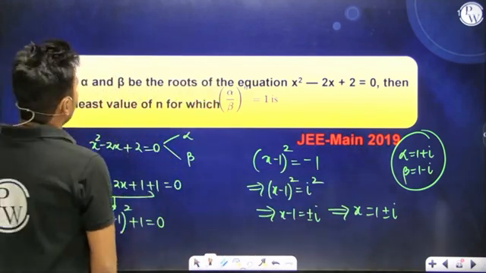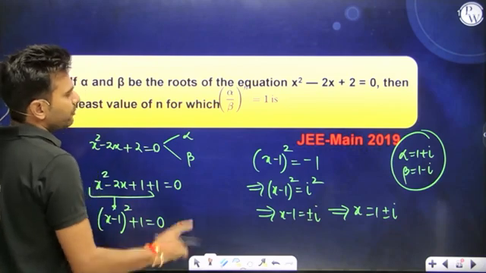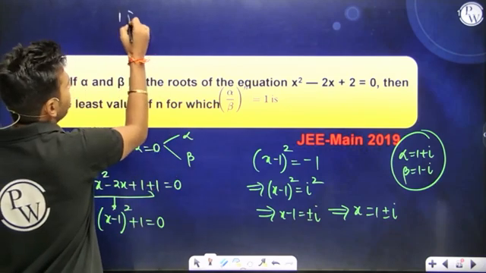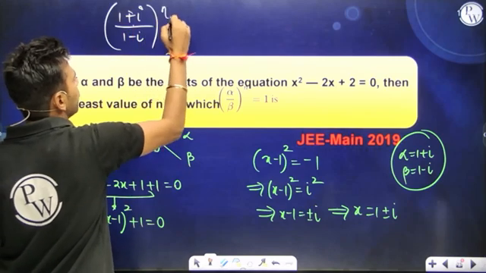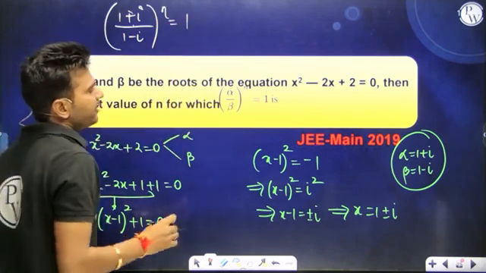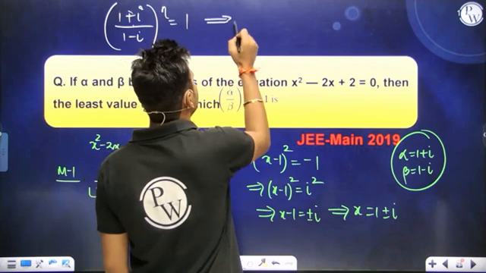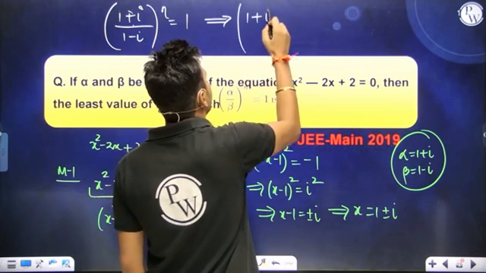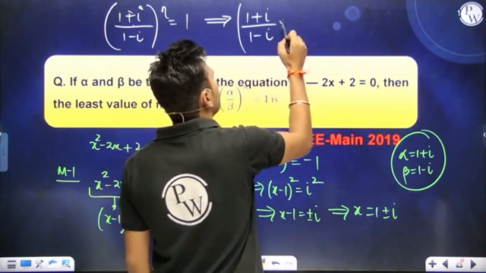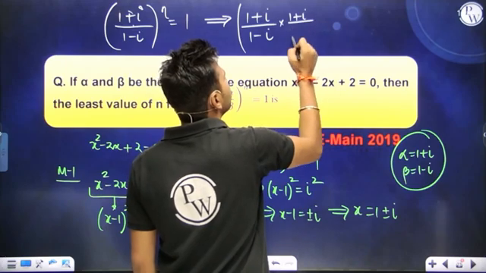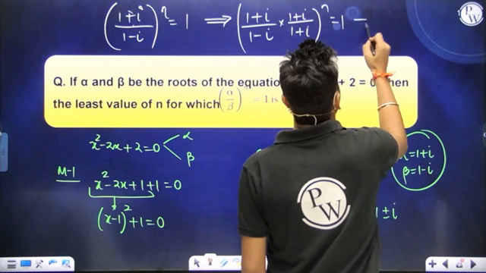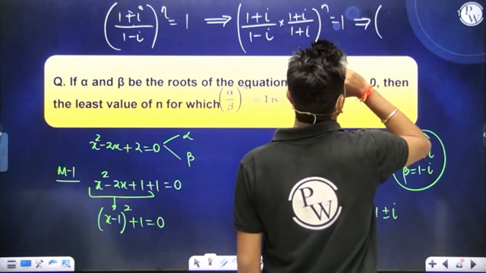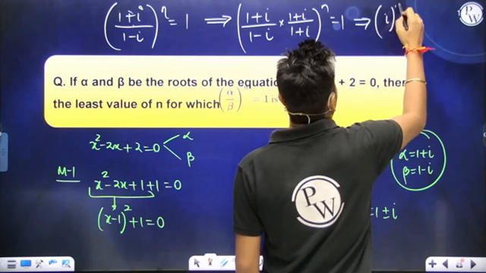Then we need to find the least value of n for which alpha by beta to the power n is equal to 1. I said, let's rationalize it. The moment we rationalize it, or do the division of the complex number, it is going to be nothing but iota to the power n equals 1.